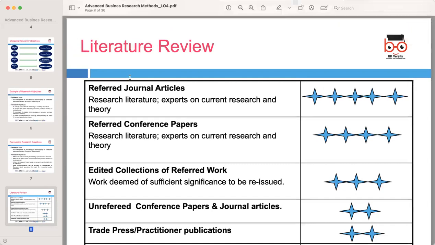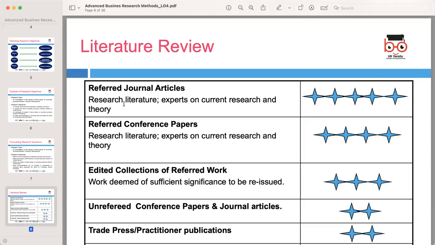Literature review. Referred journal articles, research literature, experts on current research and theory. Literature review is an essential part of our work, as it provides a comprehensive overview of existing research and theories in a particular field.